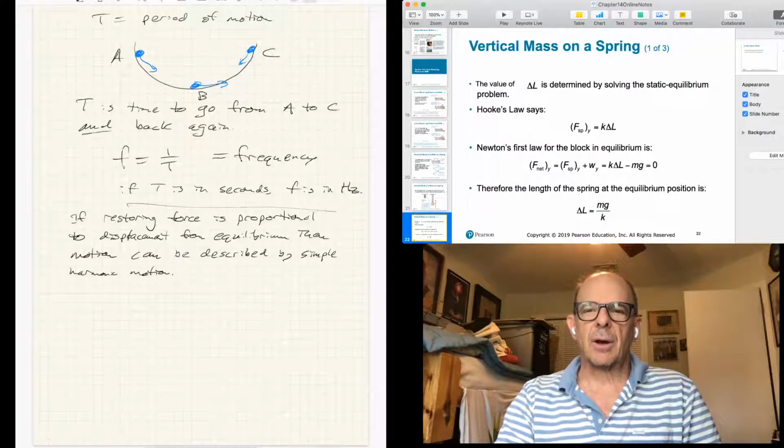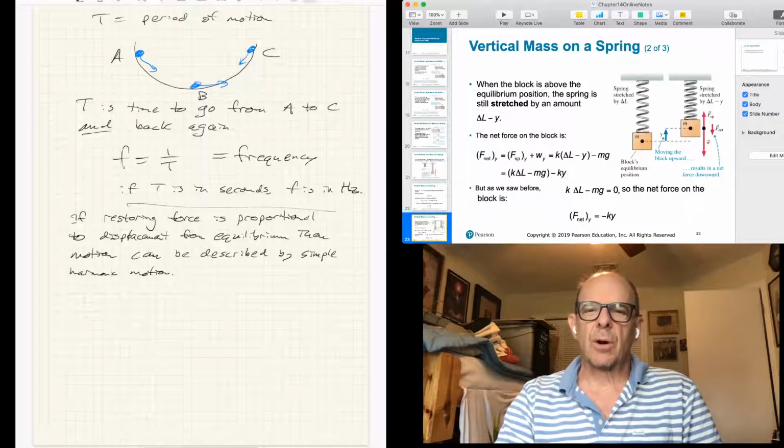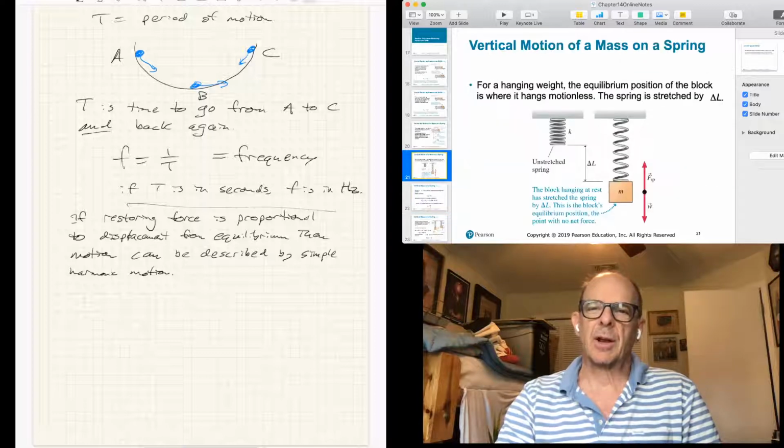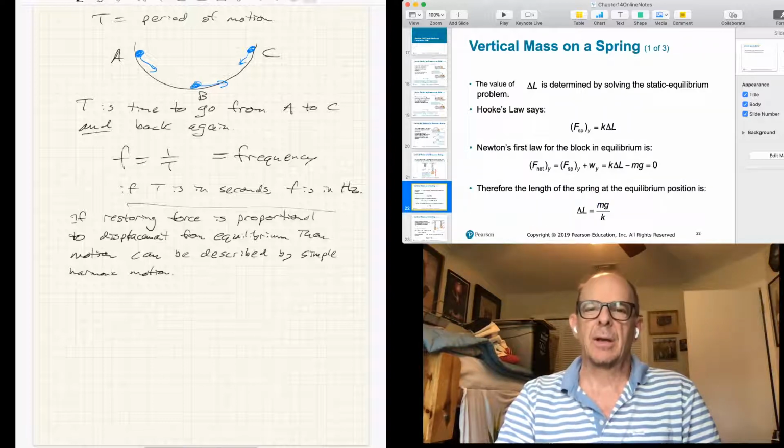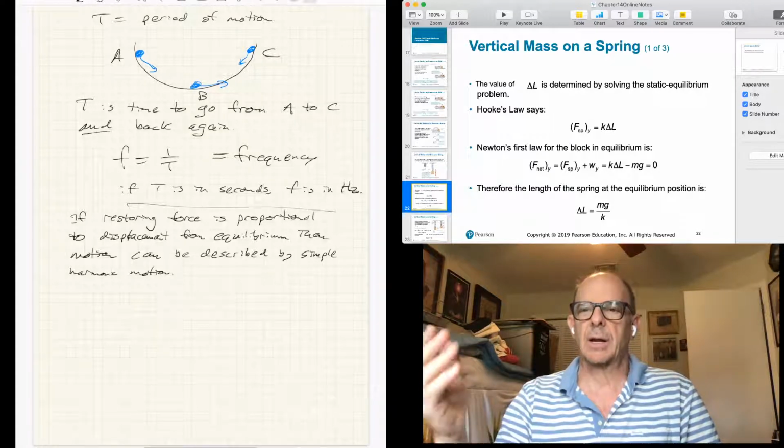Okay, so let's get forward to our own examples. This particular example, take a vertical spring, put a mass on it, and it hangs. And once it's hanging, it's got a new equilibrium position that's shown here. We see a free body diagram for that mass on the spring. This is how spring scales work, like at the grocery store.